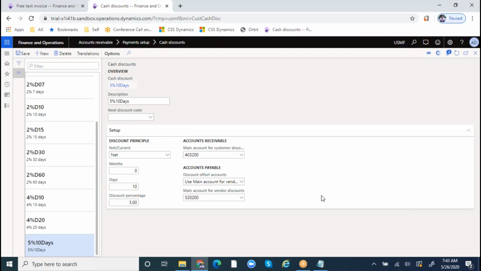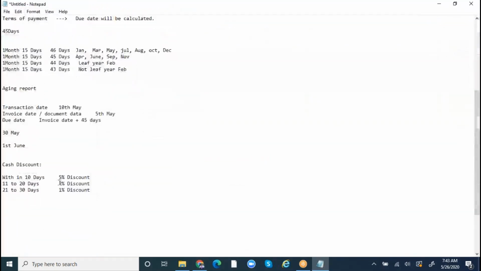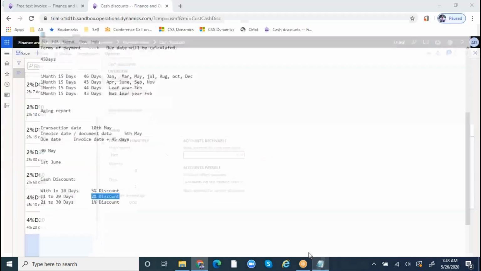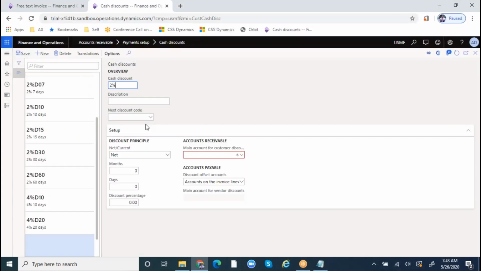Okay, fine. Now one is for customers, one is for vendors. Now let me create another discount, like what we have configured, 2% 20 days.